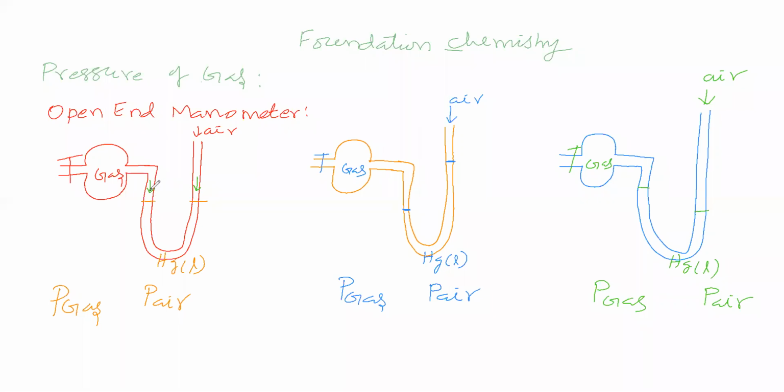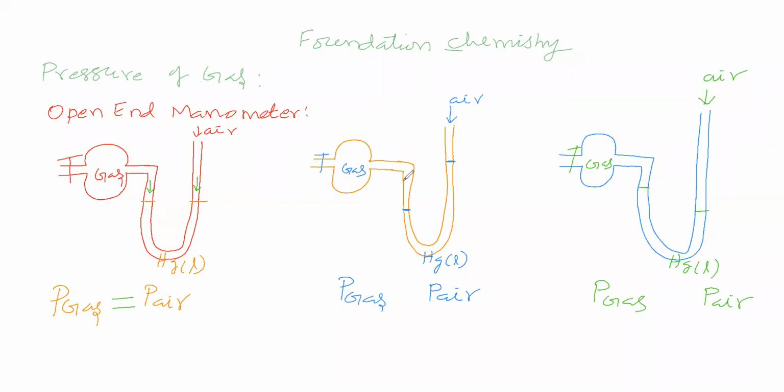In the sense, pressure exerted by both will be equal, then only we can say the mercury level here and here will be equal. So in this case, we can say pressure exerted by the gas is equal to pressure exerted by atmospheric air.